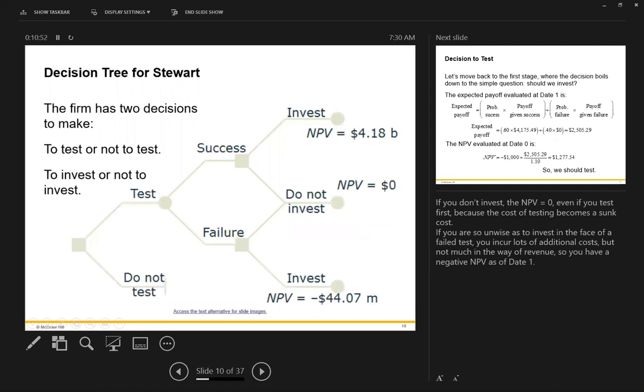So now the firm has to make a decision. They have two decisions to make: to test or not to test, and to invest or not to invest. So if they test, their test will either lead to success or failure, unsuccessful.